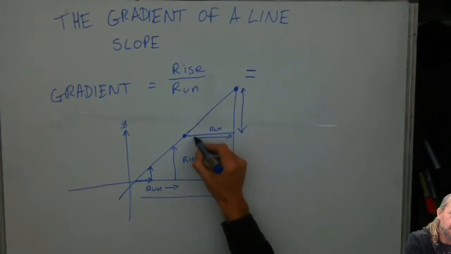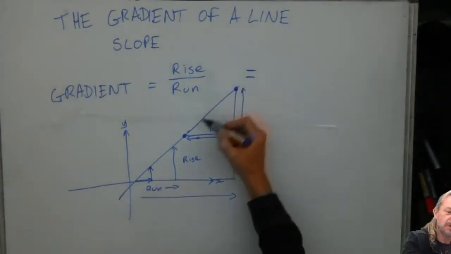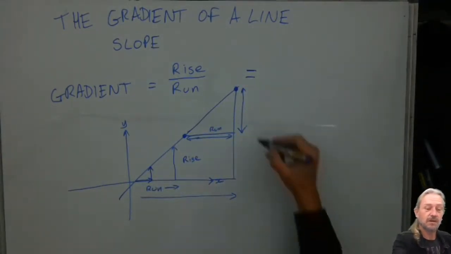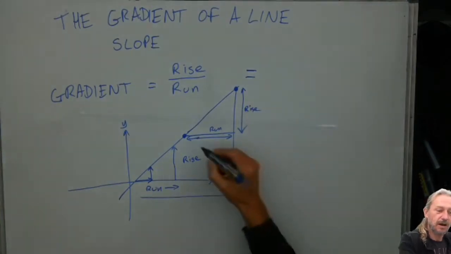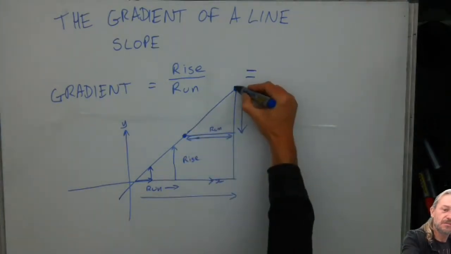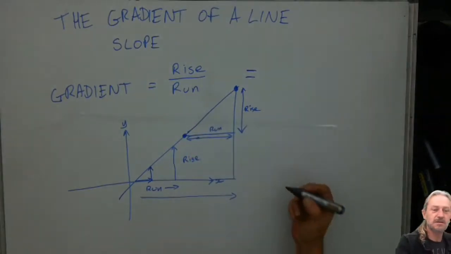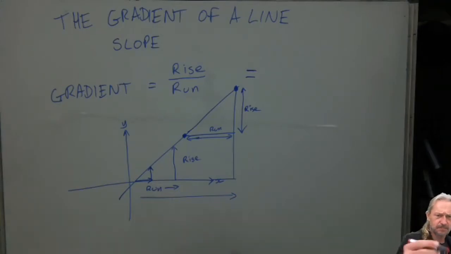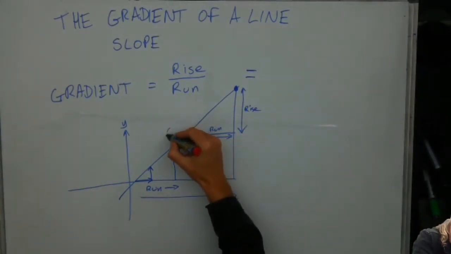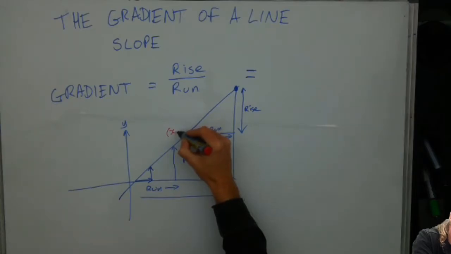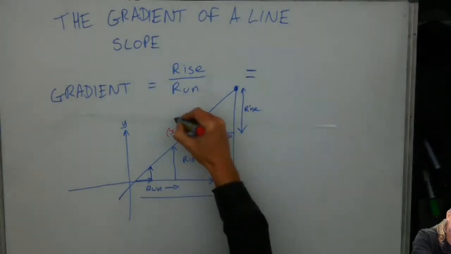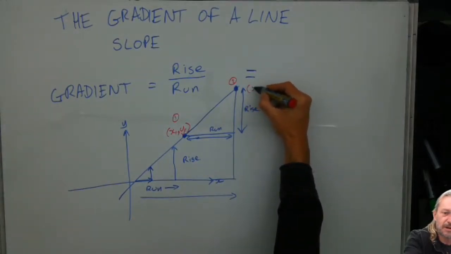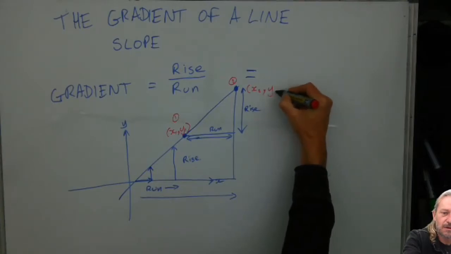As long as you have 2 points on the line, it doesn't really matter what points you use, but it allows us to plug in those coordinates. So if this coordinate was, let's change colour, we'll call this one x1, y1, so that's point 1, and if this was point 2, we'd call that coordinate x2, y2.